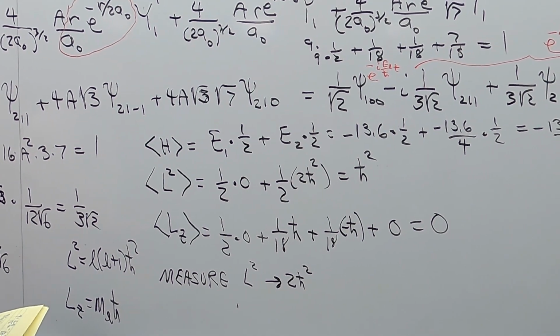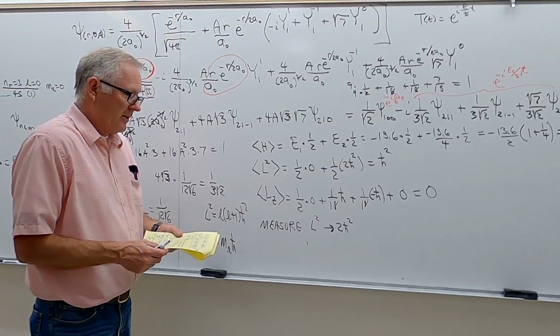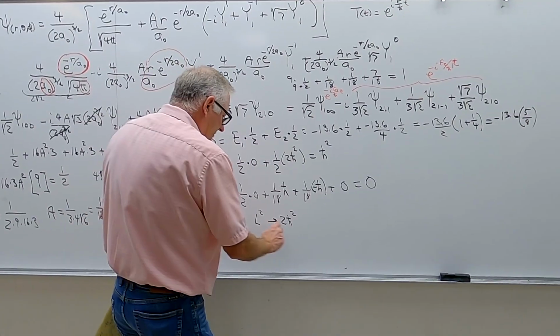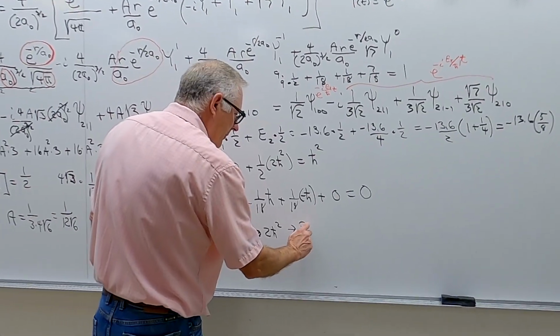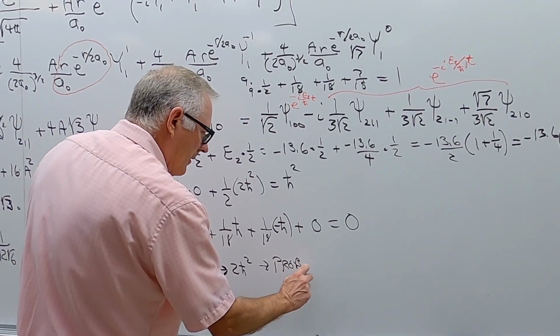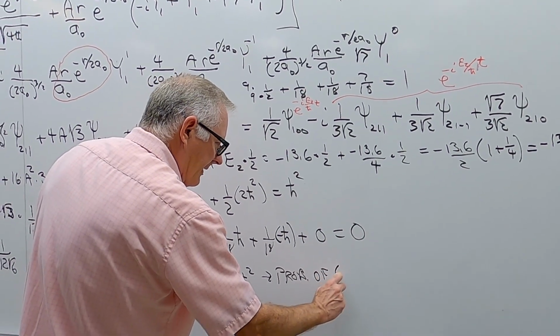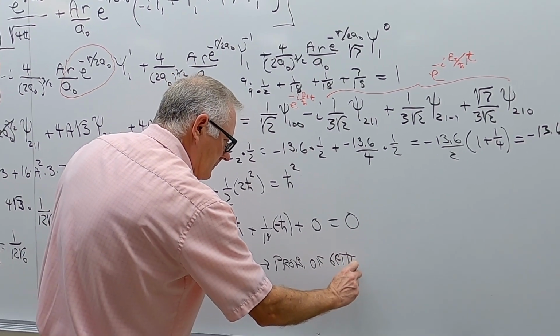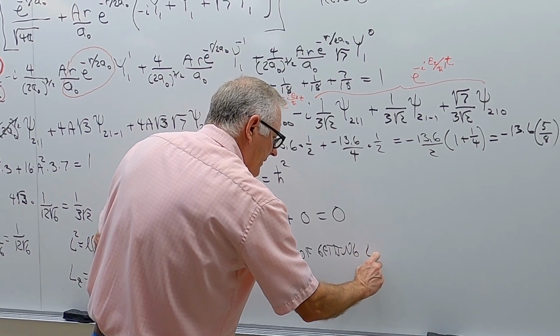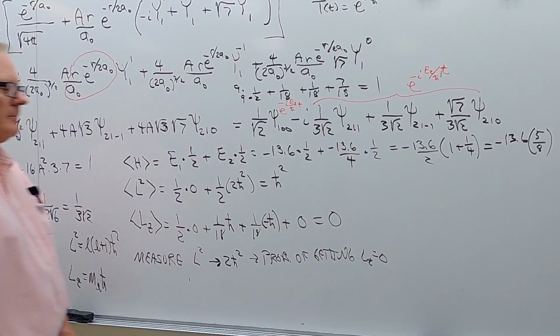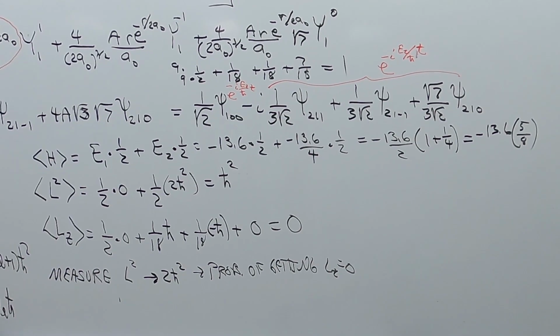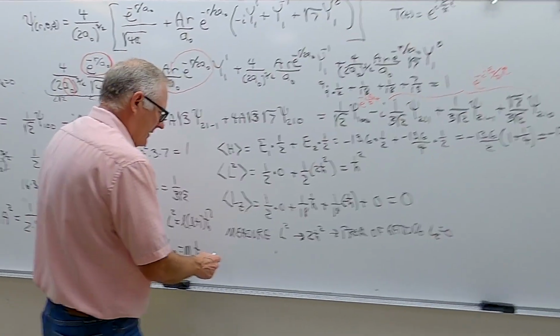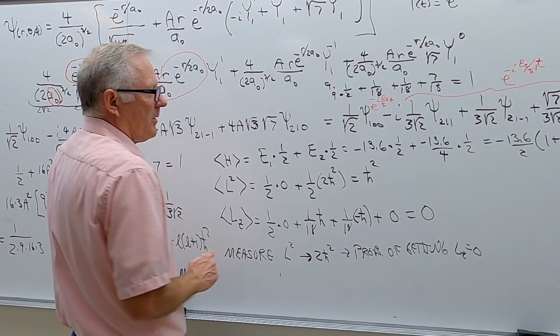And then we ask, what is the probability of getting Lz equal to 0? So we measure this, and then it's the probability of getting Lz equal to 0. Okay, so first say we measure L squared, and we get 2h bar squared.